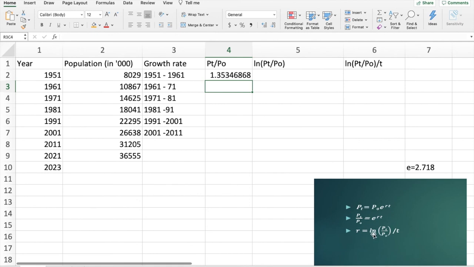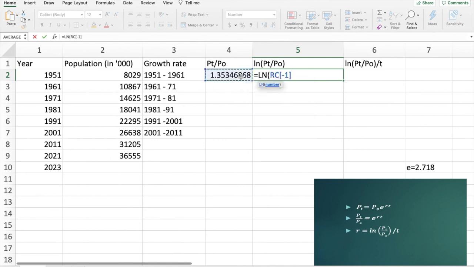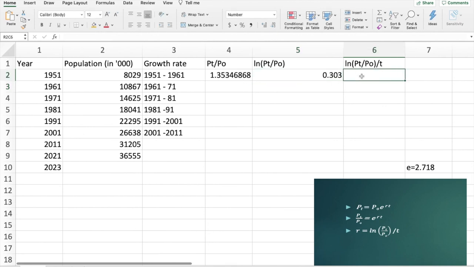Next, the natural log of P(t) by P naught: write ln, then consider this value and close the bracket. Then divide by the time interval, which is 10 here. So this is our exponential growth rate between 1951 and 1961. In this way you can calculate the growth rate for other years also.